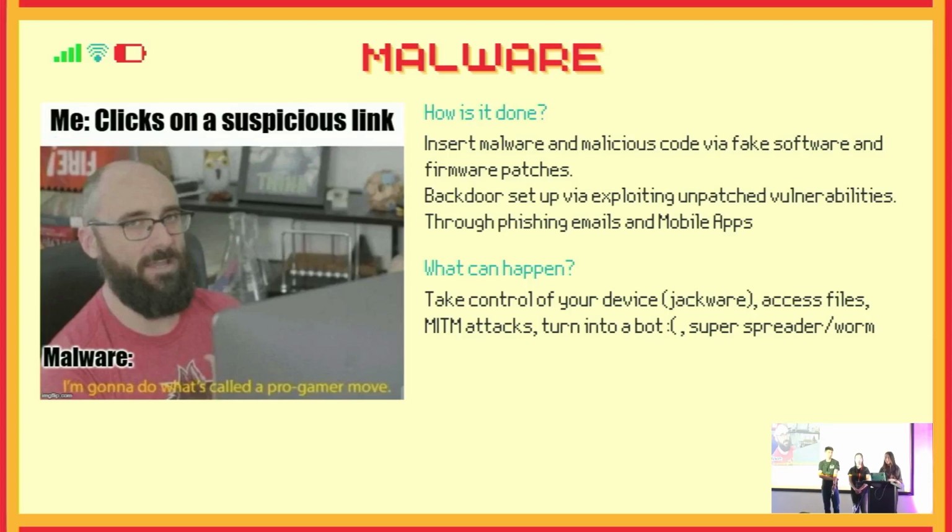Another way, as mentioned before, is through phishing emails and mobile apps. So you're probably wondering, how is that dangerous? Well, as mentioned before, by clicking on a phishing email, or maybe you have a malicious Android app that you're using on your phone, once your device connects to the network, a Trojan can then attempt to log into your embedded device by using default credentials.